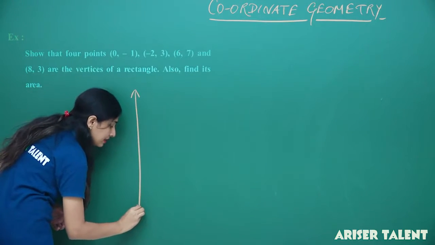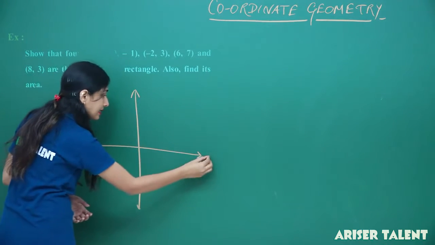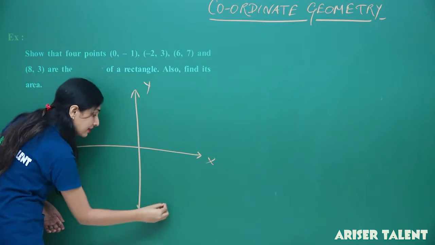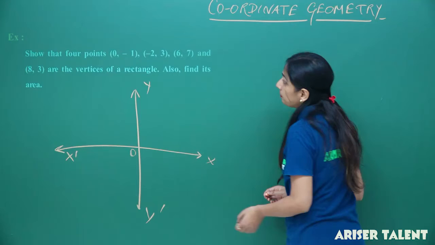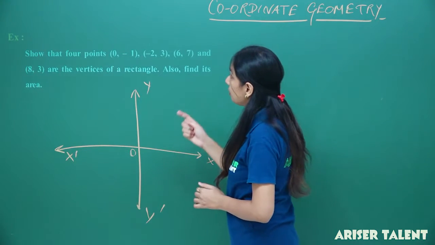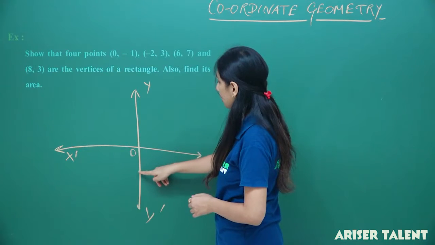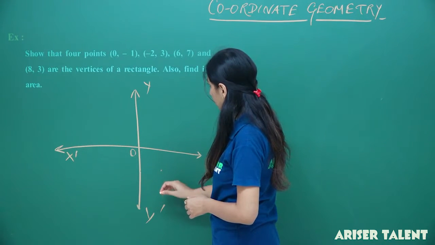So I am having this, the x axis, you know it very well, and the y axis, and this is O, the origin. Now it's saying (0, -1). Now x is 0 here, -1 this side. So that point will be here, not here.